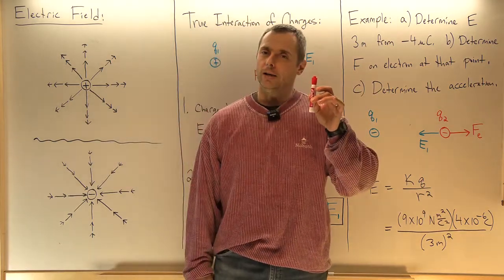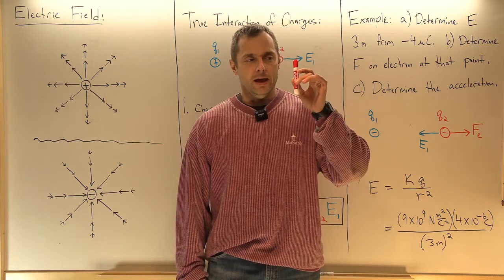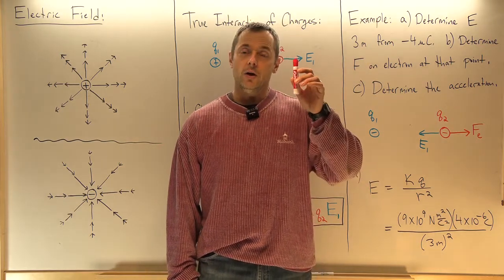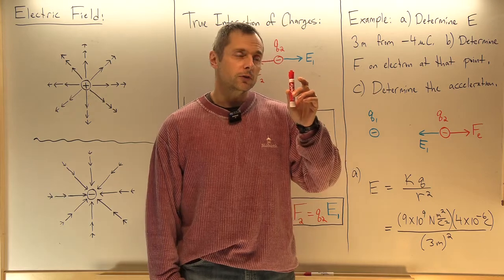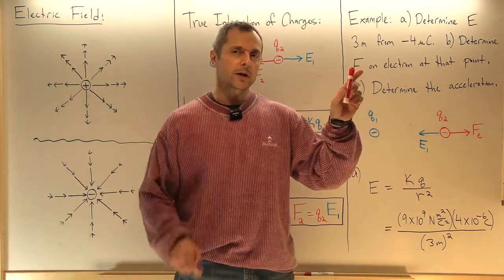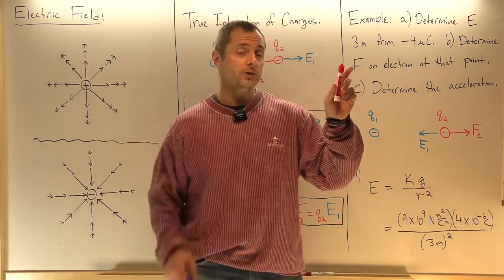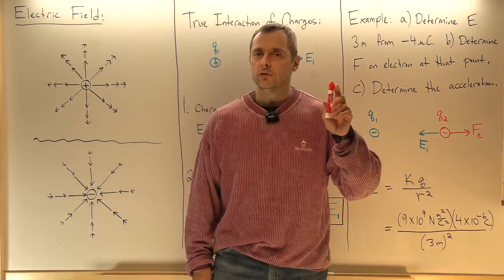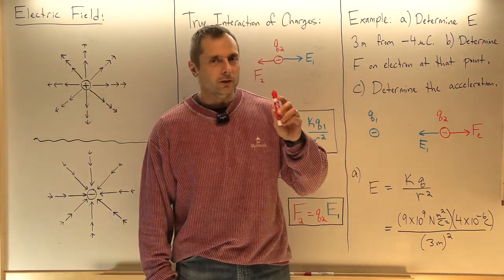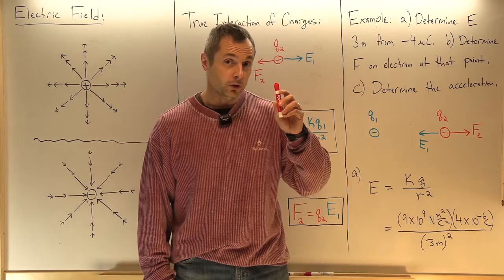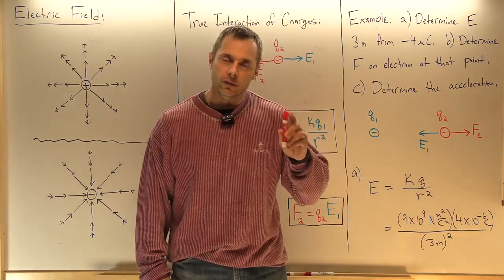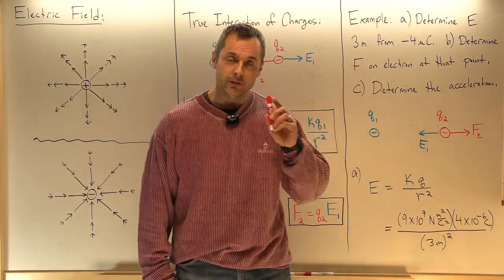And what you would find in such a situation is that this electron would still feel a force away from this point over here, even though there's no charge over here. So that must mean that something else during that time is creating the force. That something else is the electric field.